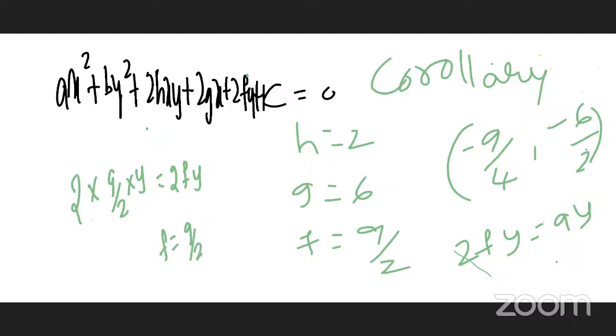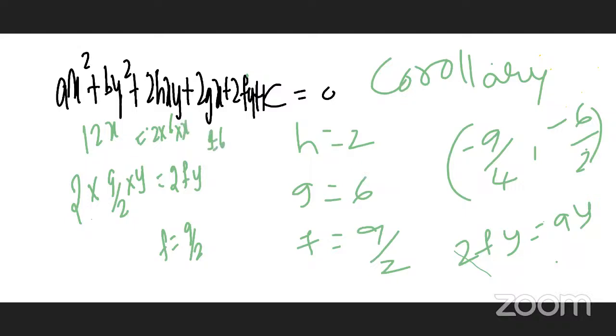Okay, sir. Then why are you taking 2g as 6? Here they have given 12x. If you simplify this, 2 into 6 into x. So my g value is how much? 6.